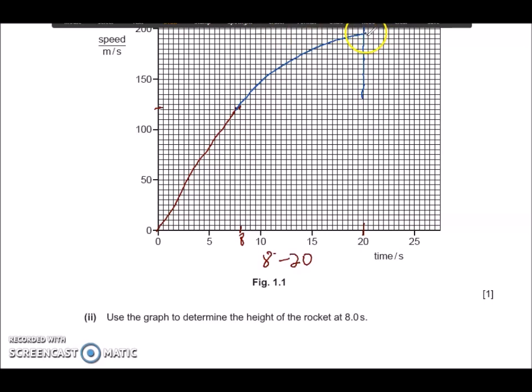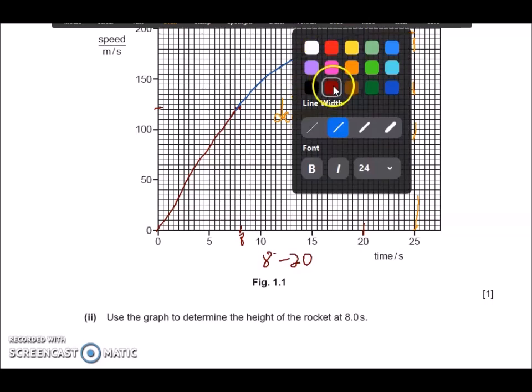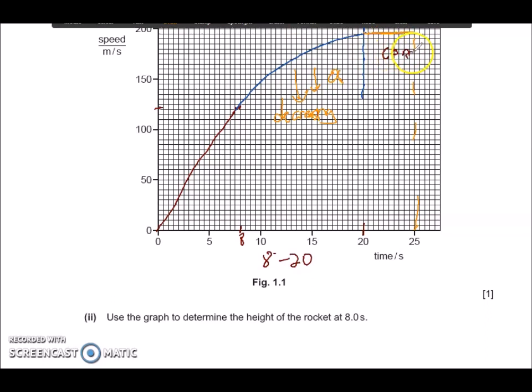And then here will be a constant speed. If it's a constant speed, you'll get a straight line until 25, which is here. So this is a decreasing acceleration, and here will be a constant speed.